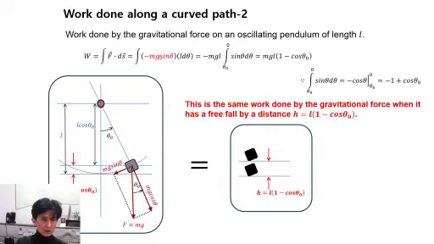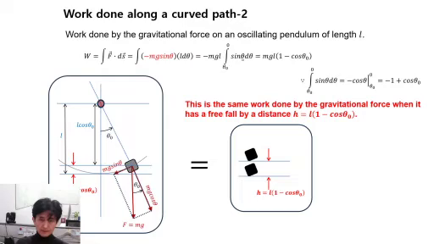The only theta-dependent part is sine theta, and everything else is put outside of the integral. So we have minus mgL, where L is the length of this pendulum, times the integral of sine theta from theta 0 to 0 angle.